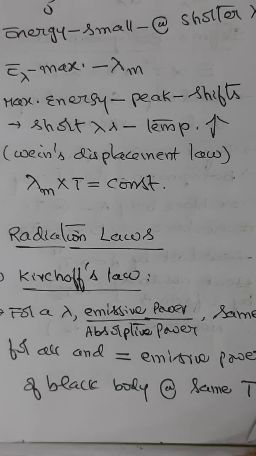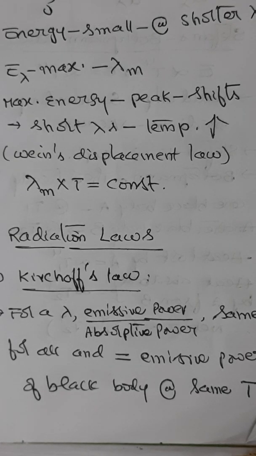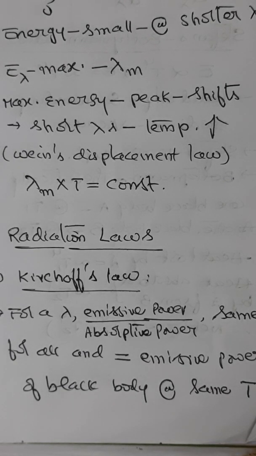Kirchhoff's law of thermal radiation says that at a given temperature, the ratio of emissive power to the absorptive power for a given wavelength is the same for all bodies and is equal to the emissive power of a black body at the same temperature.